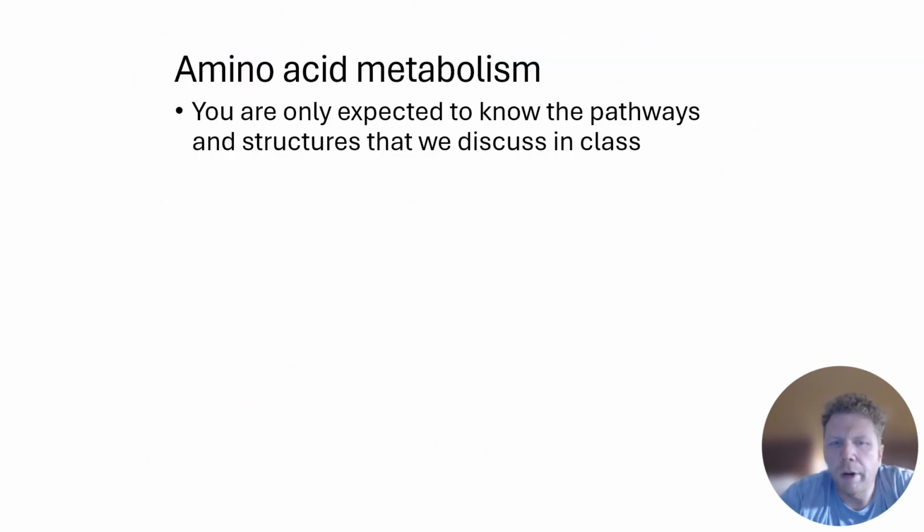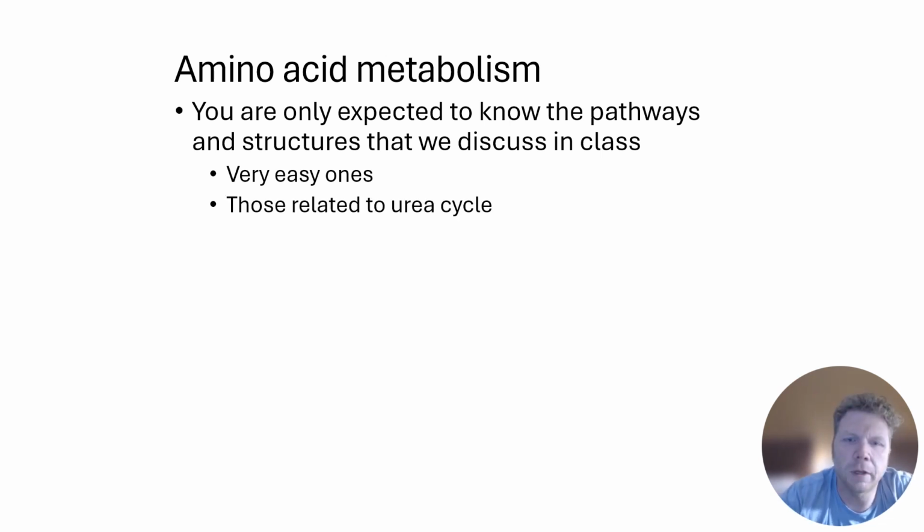Now, what I'm going to expect of y'all is that you know the structures that are discussed in lecture as well as in any video supplement that I provide. Most of the ones that we're going to talk about are the pretty easy and straightforward ones. We are also going to begin our discussion of a cycle known as the urea cycle. Anything that pertains to the urea cycle, definitely say, okay, that's something that I need to know.